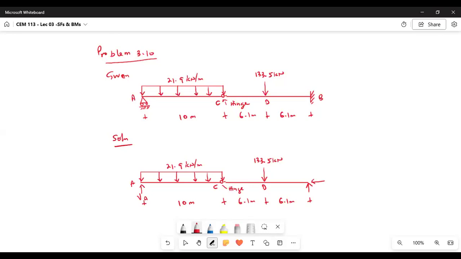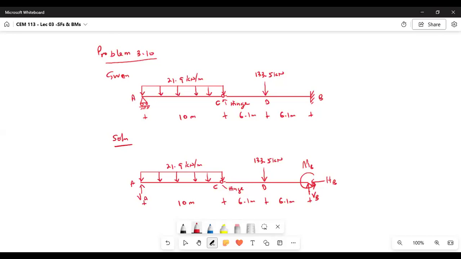Like I told you, you can show the arrows in whichever form you want. So this will be HB, this is the moment MB, and this will be VB.